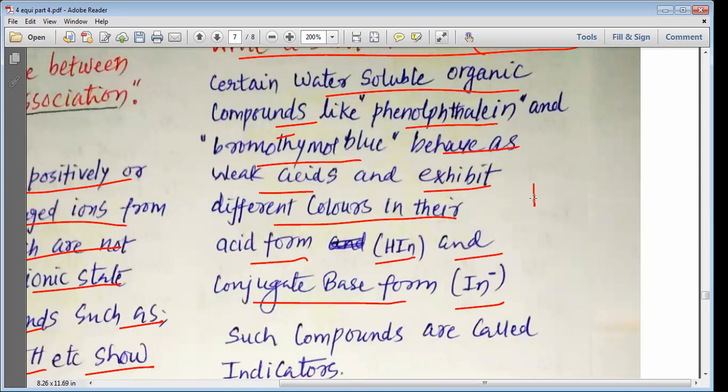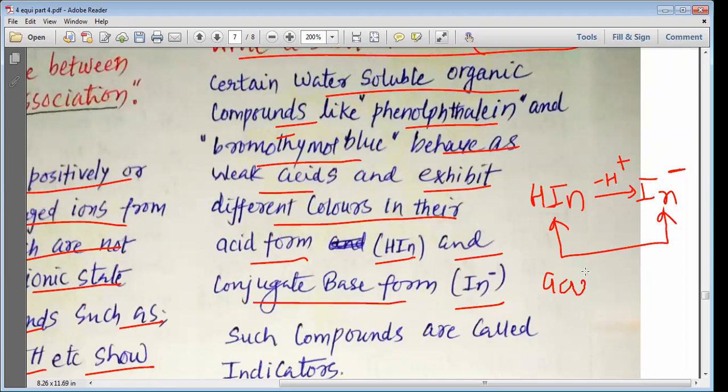You can see that if you have HIn and you remove H plus from it, you will get In minus. You just minus H plus. So these two are a conjugate acid-base pair. This is your acid, this is your base, and thus you have the conjugate acid-base pair.